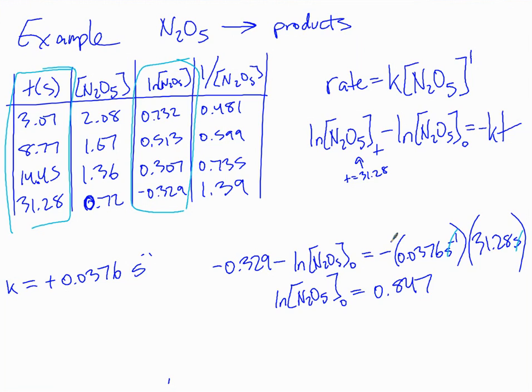I think if you hit second and your natural log button, on a lot of calculators, it shows up as e to the x. So if you do that, then really what that means is e to the 0.847 is my original concentration at 2.33.